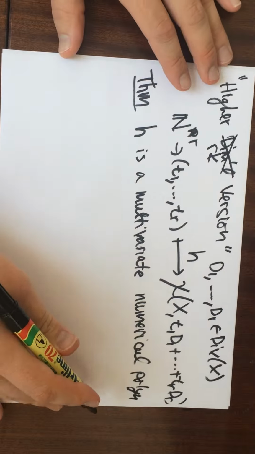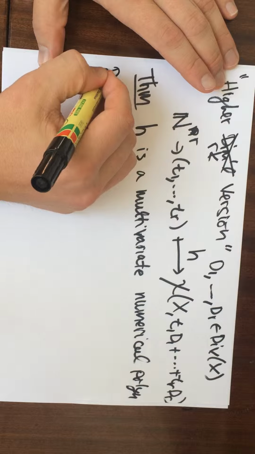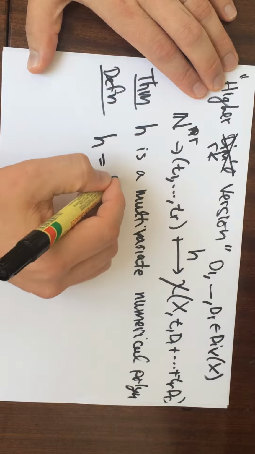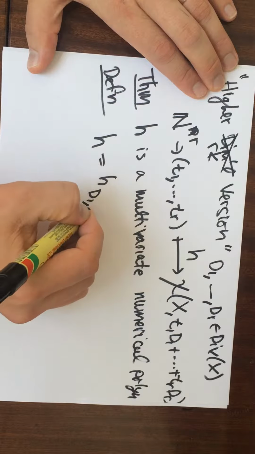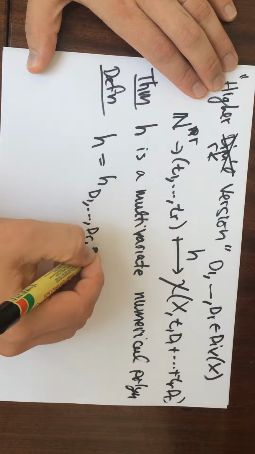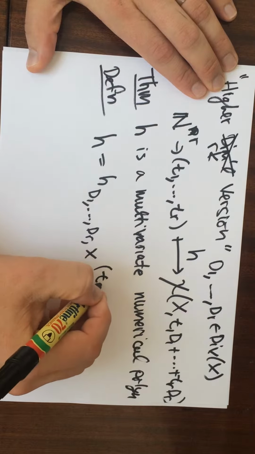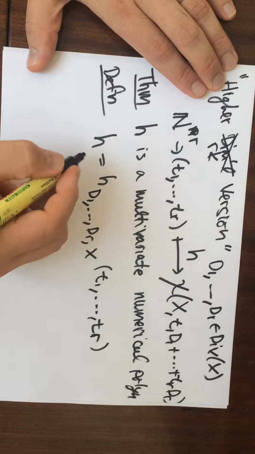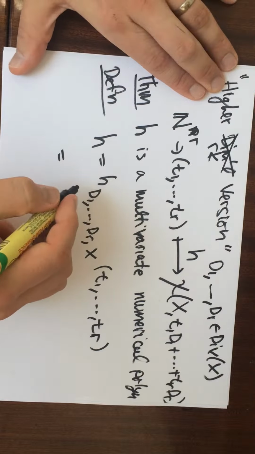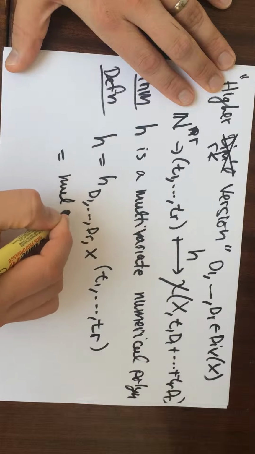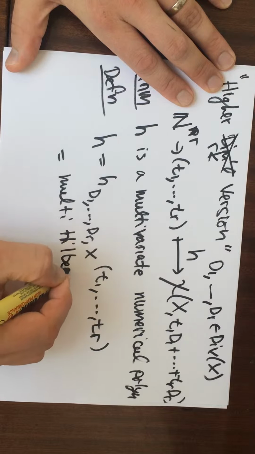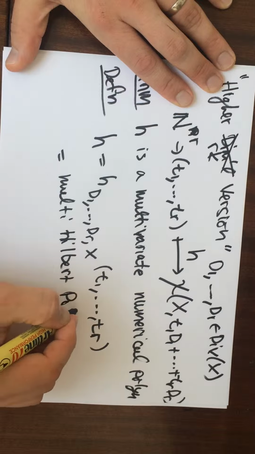We give a definition: this h depends on D1 through Dr and, of course, on X, and it's a polynomial in r variables. This is called the multi-Hilbert polynomial.